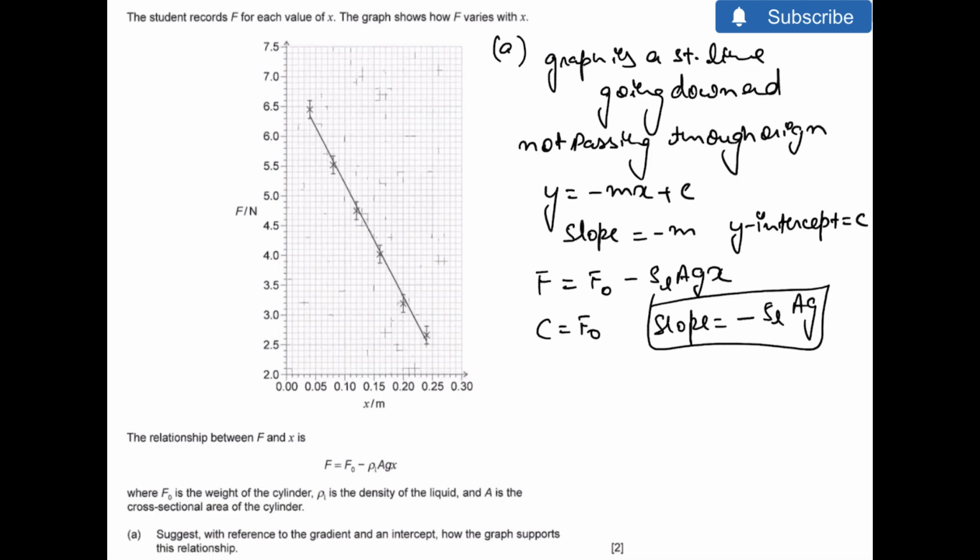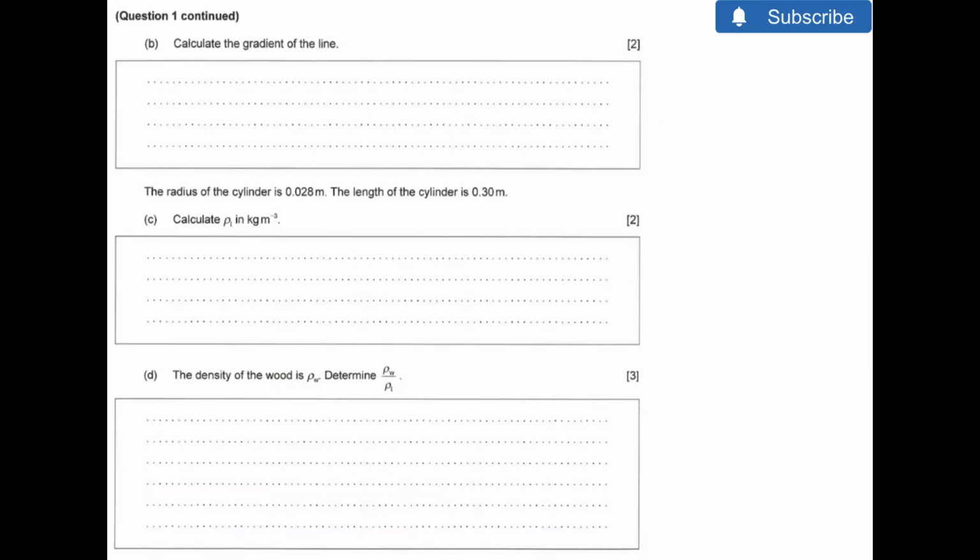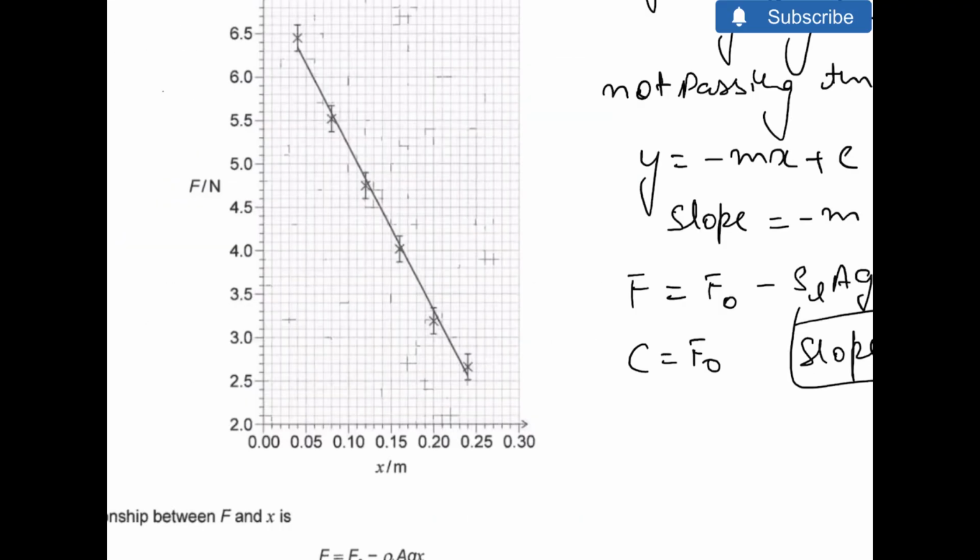Okay, so this is the first answer. Now let us move on to part B. In part B, you have to find the gradient of this line. The gradient is the slope, and if we carefully observe the graph, we can mark 2 points.